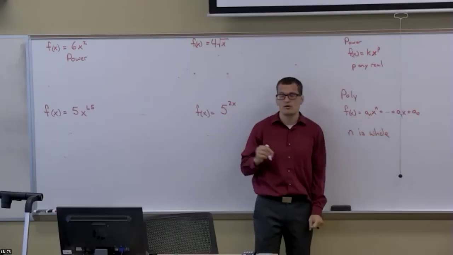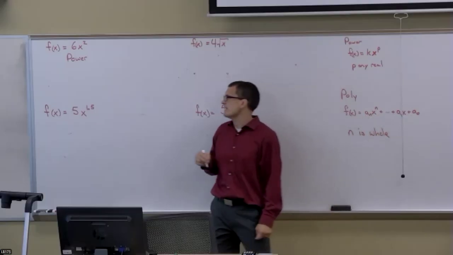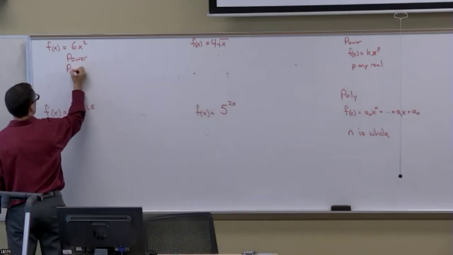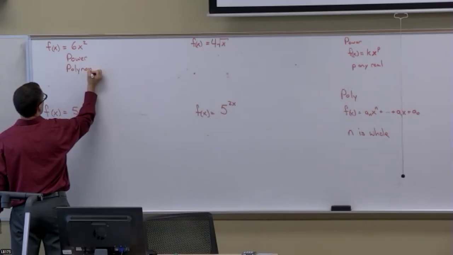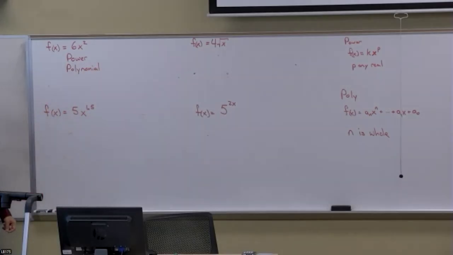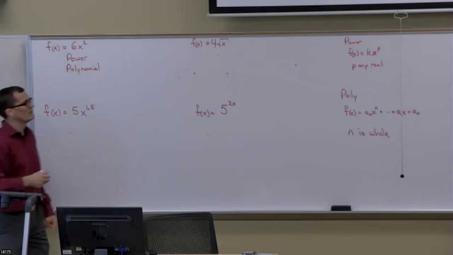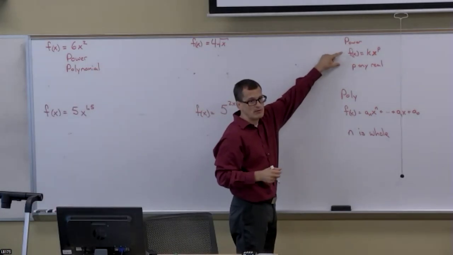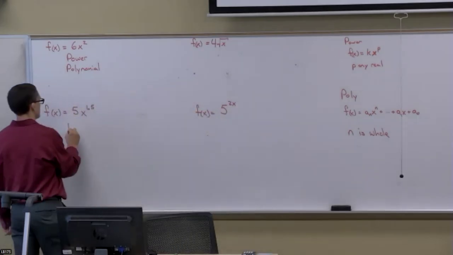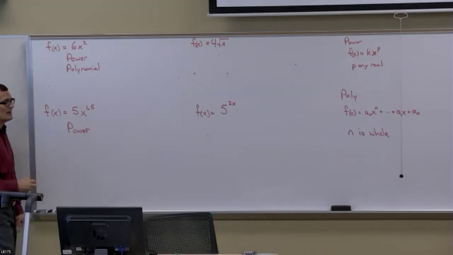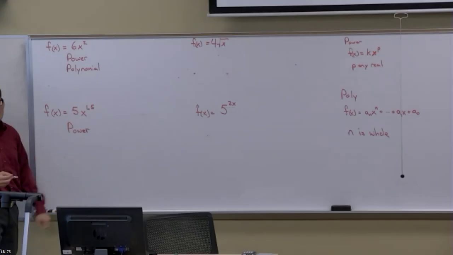Since 2 is a whole number, that's also a polynomial. So that one is a power function and a polynomial. Let's look at the one underneath this. It's 5 times x raised to the 1.5 power. Well, that has this form, so it is a power function. But it is not a polynomial because 1.5 is not a whole number.